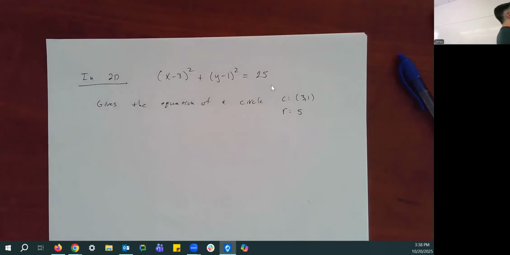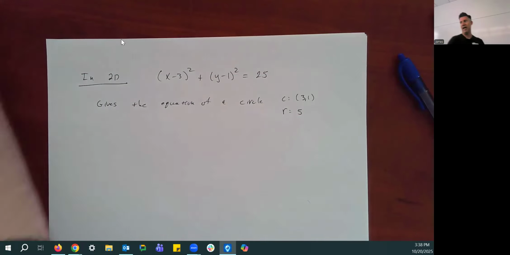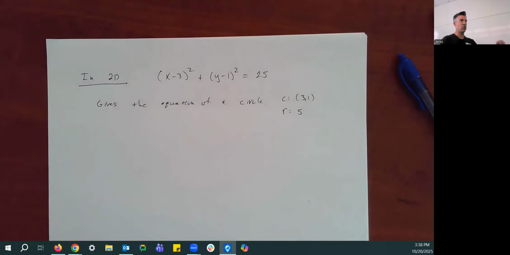I'm trying to give you an overview of things I think you will need to know, but not get too into it. We're probably not going to talk about all the graphing of hyperboloids of one sheet and two sheets and that kind of stuff. I feel like that's not really what we need to do here.